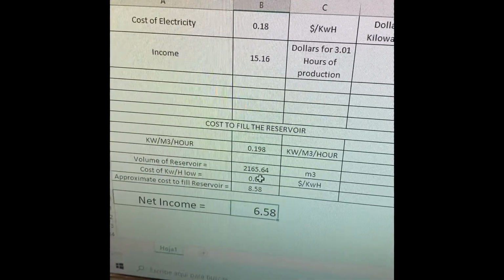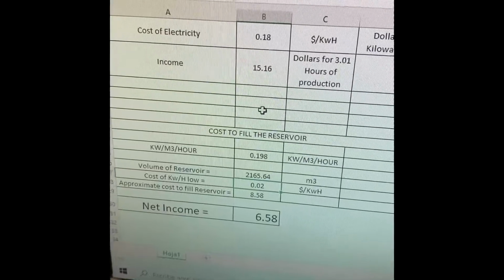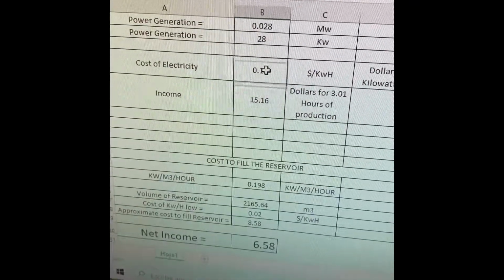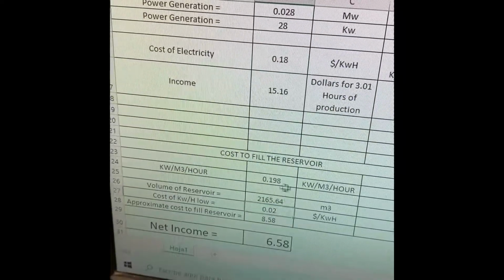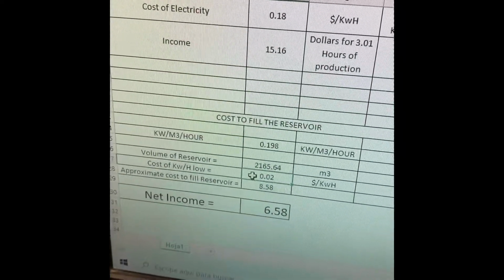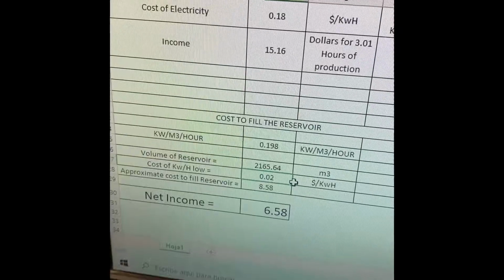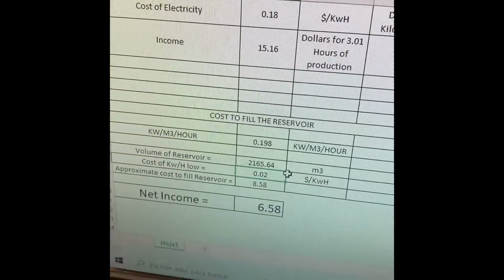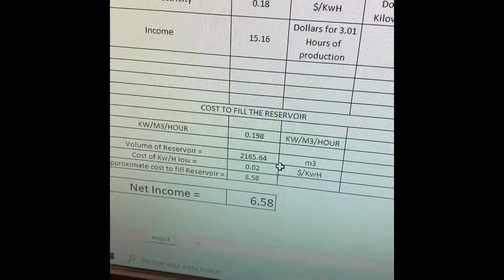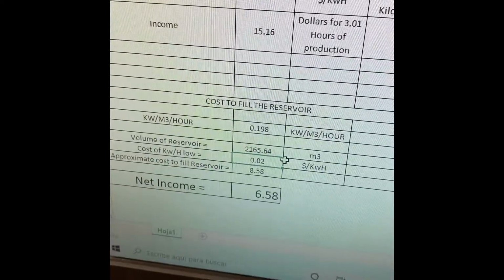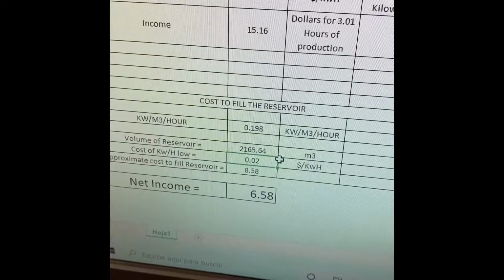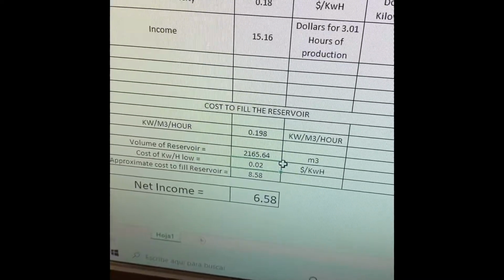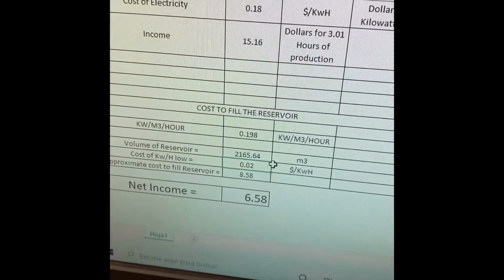This is the most important number, the cost of electricity: the highest that we can sell at and the lowest that we can consume at. Of course, the amount of time that we need to put the water up to the reservoir again doesn't matter, because you can put 1, 2, 3, 4 pumps or a bigger pump, so we can accomplish the amount of time that we need.